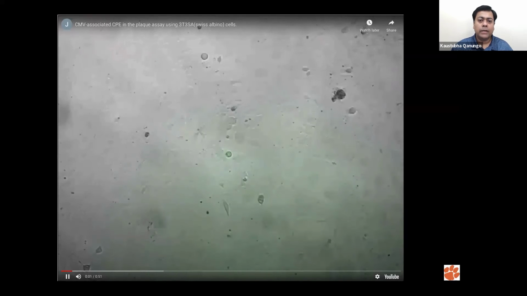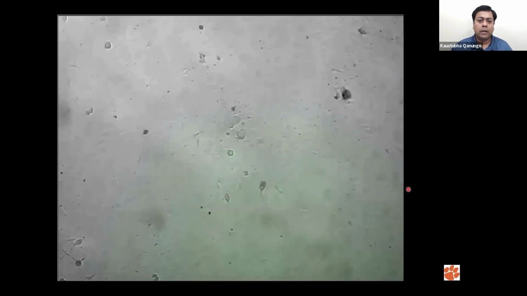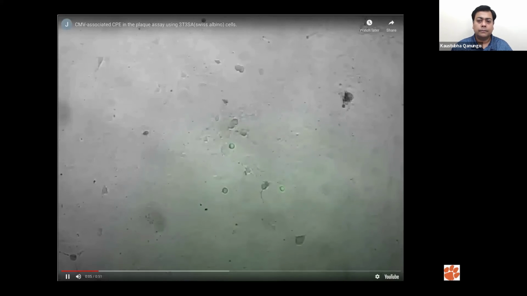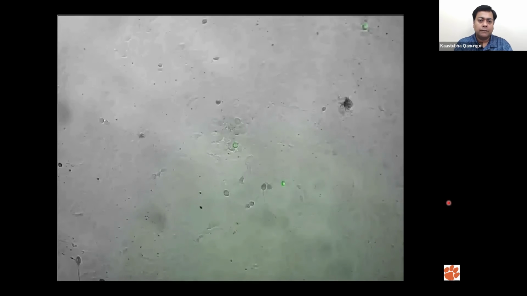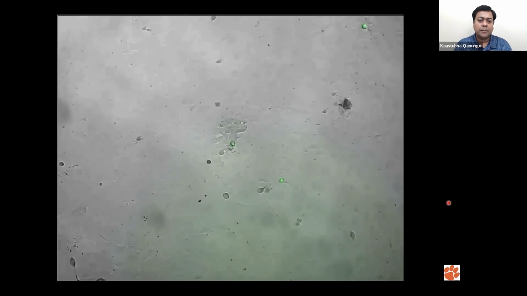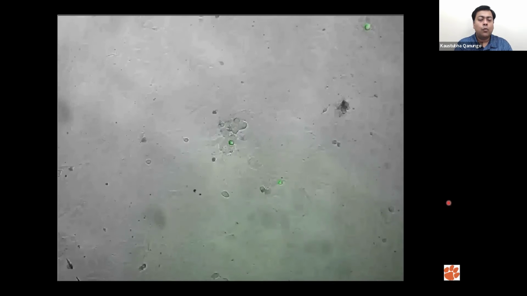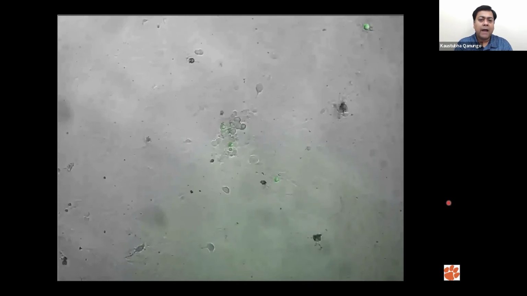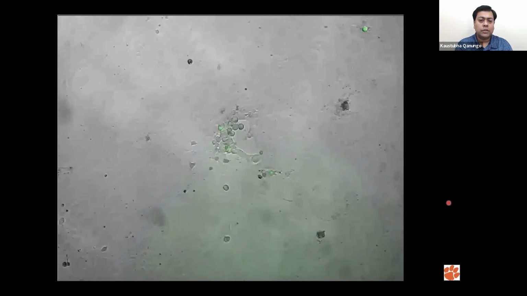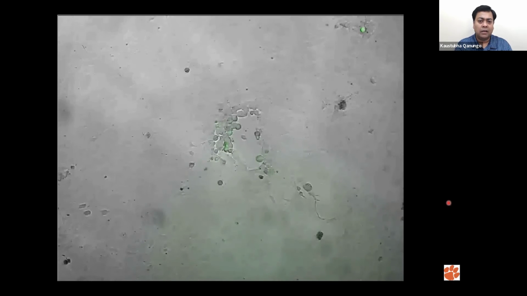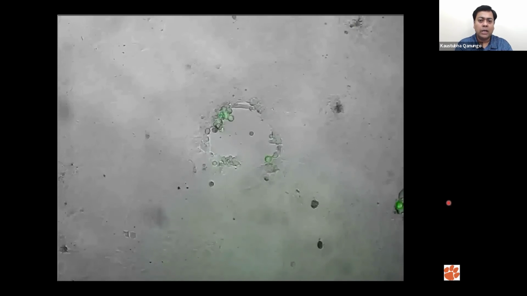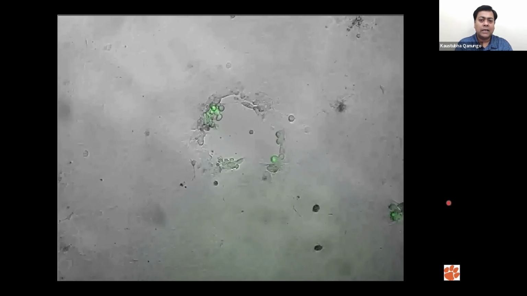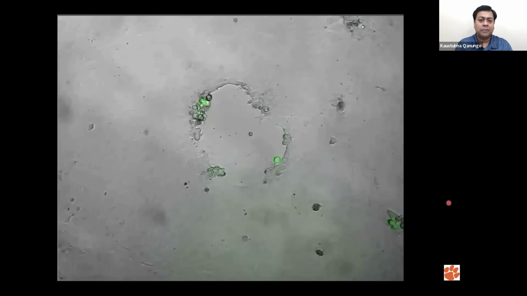So here you can see that this is a monolayer. Look at the middle portion of the area. There are some green cells, where the virus is expressing proteins which are green in color. Now you can see that the plaque is growing and growing and growing, and that area of the monolayer has been cleared up.